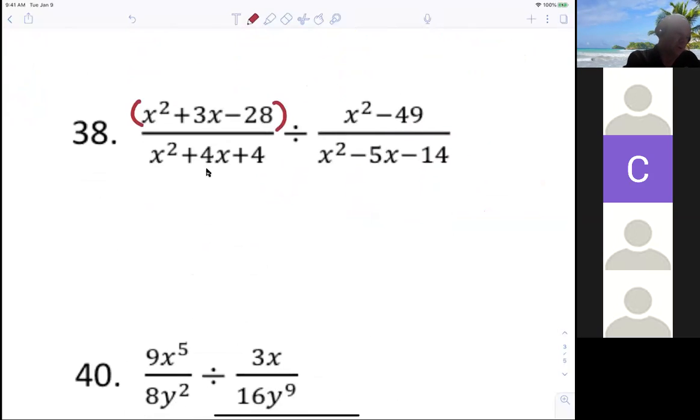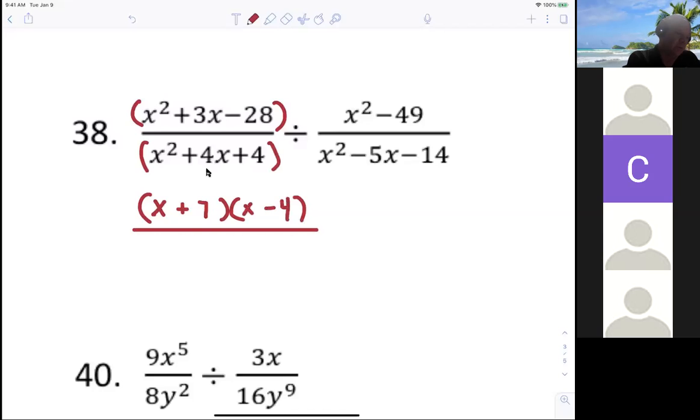So I have x and x. Then I have factors of 28, positive 7, negative 4. Now I'm going to factor this one, x, x.